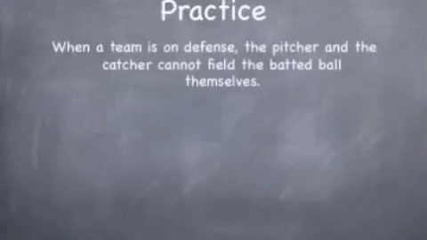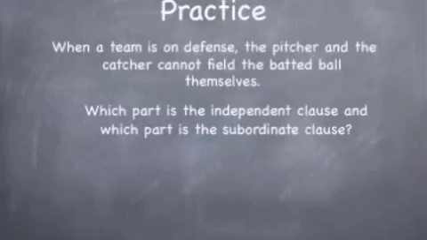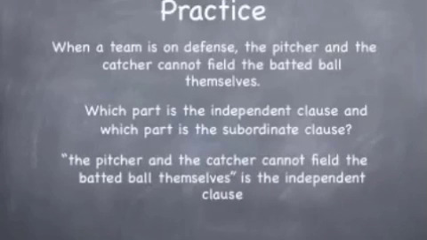When a team is on defense, the pitcher and the catcher cannot field the batted ball themselves. Again, which one is the independent clause and which part is the subordinate clause? Take a moment and look at it. The pitcher and the catcher cannot field the batted ball themselves is the independent clause.